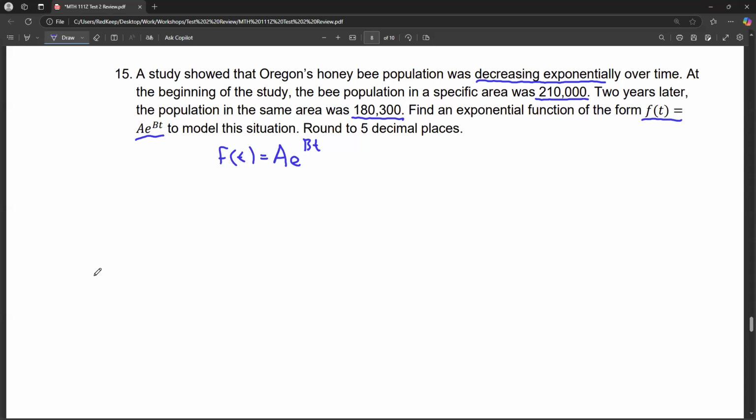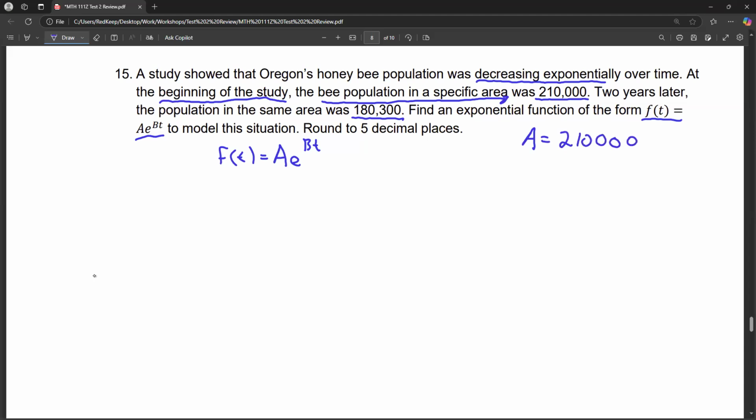Okay, so what do these values mean? They say at the beginning of the study, this is our initial value, 210,000. So if you know your exponential equations well enough, we could say A is equal to 210,000.